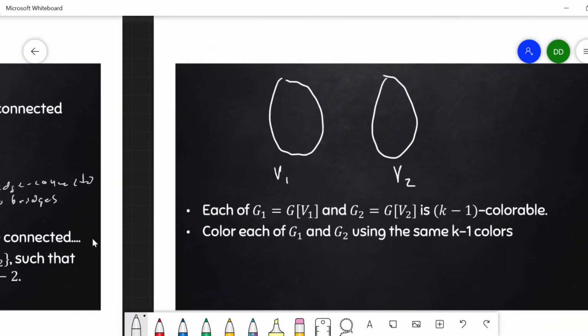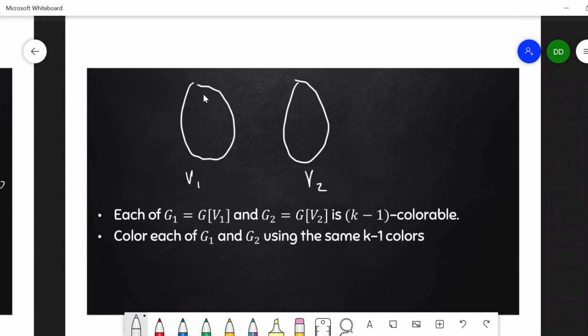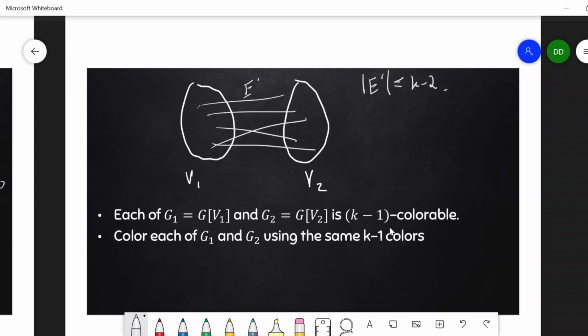So what we have is a picture like this one, where we call this set E prime of edges, and the number of edges between V1 and V2 is at most k minus 2. What we're going to do is let G1 be the graph induced by vertex set V1, as well as G2 induced by V2.